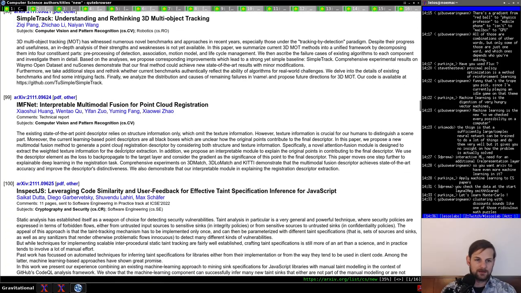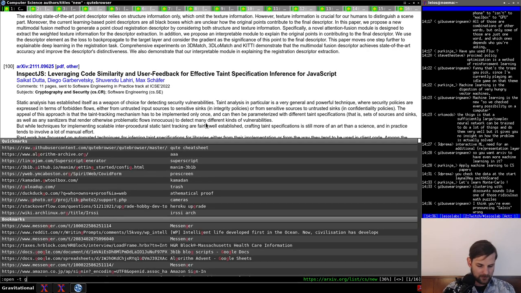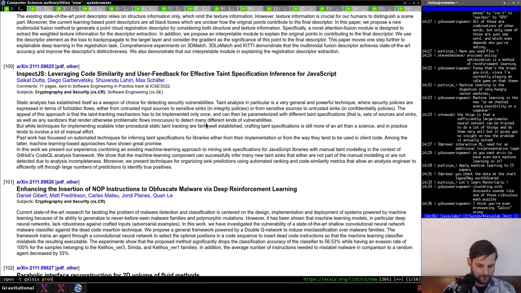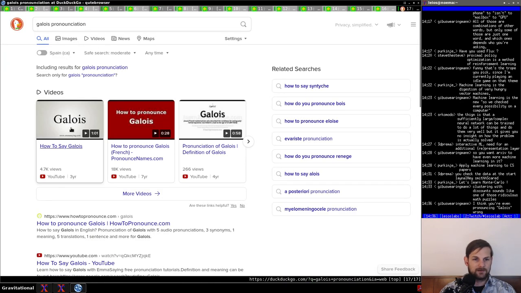Computer vision, cryptography, and security. Here, leveraging code similarities and user feedback for effective taint specification inference for JavaScript. I think, am I pronouncing Galois wrong? I thought it was Galois. Maybe I am pronouncing it incorrectly.